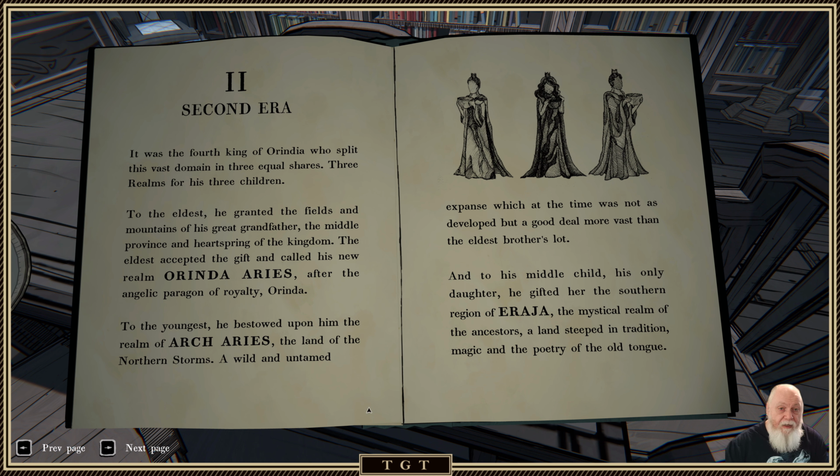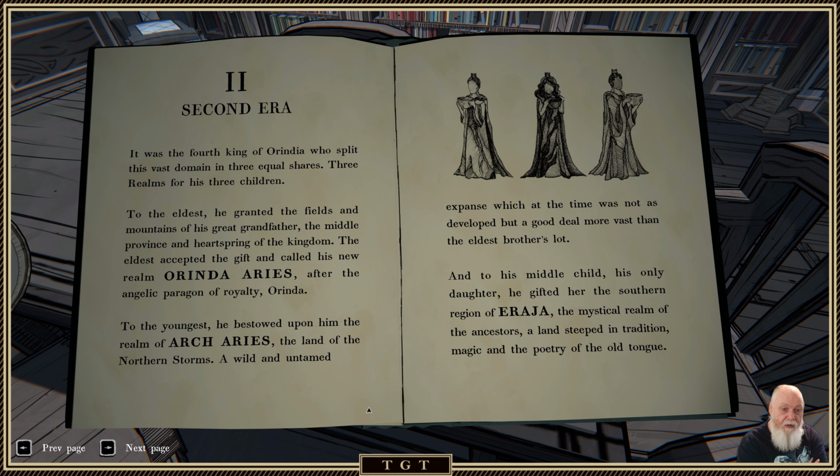It was the 4th king of Orindia who split this vast domain in 3 equal shares, 3 realms for his 3 children. To the eldest, he granted the fields and mountains of his great-grandfather, the middle province and heartspring of the kingdom. The eldest accepted the gift and called his new realm Orinda Aries, after the angelic paragon of royalty, Orinda.